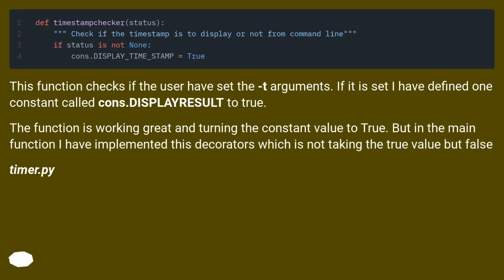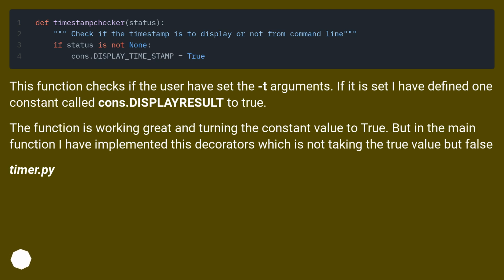This function checks if the user has set the t arguments. If it is set, I have defined one constant called cons.displayResult to true. The function is working great in turning the constant value to true. But in the main function I have implemented this decorator, which is not taking the true value but false.